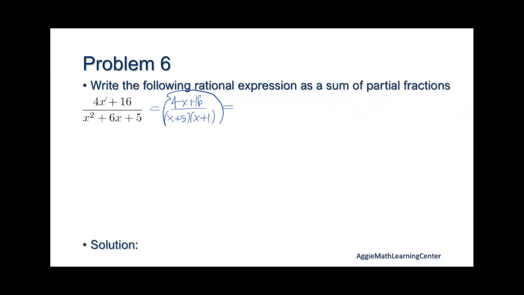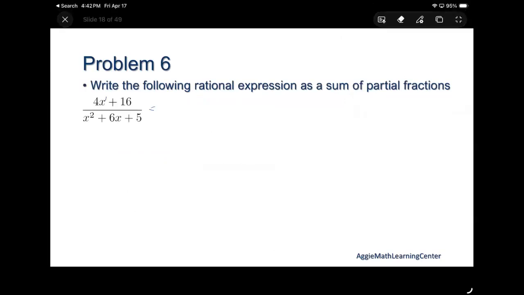I can split that up into my A over one of the factors plus my B over one of the factors. And because neither of them are repeated, I only have 2 terms. Now, my goal is to find what A and B are.